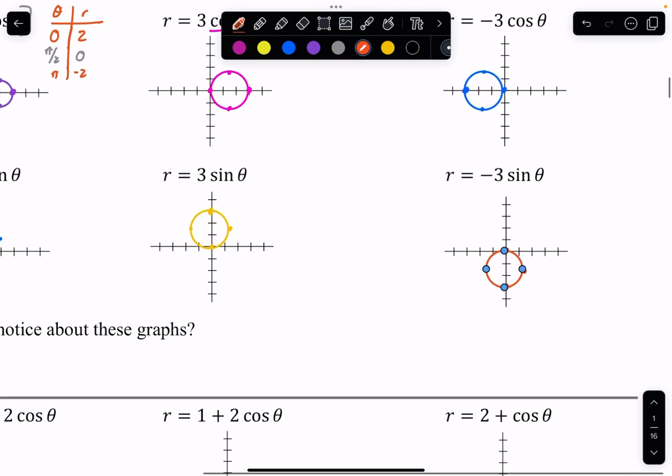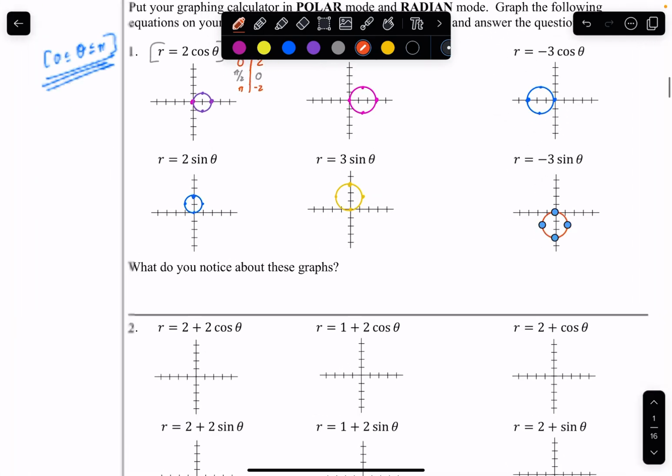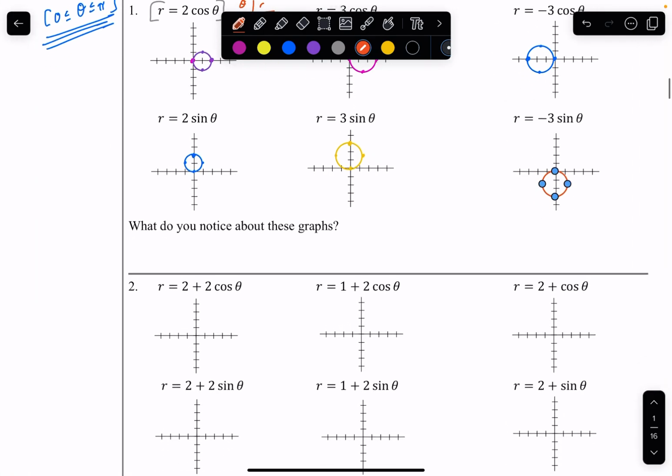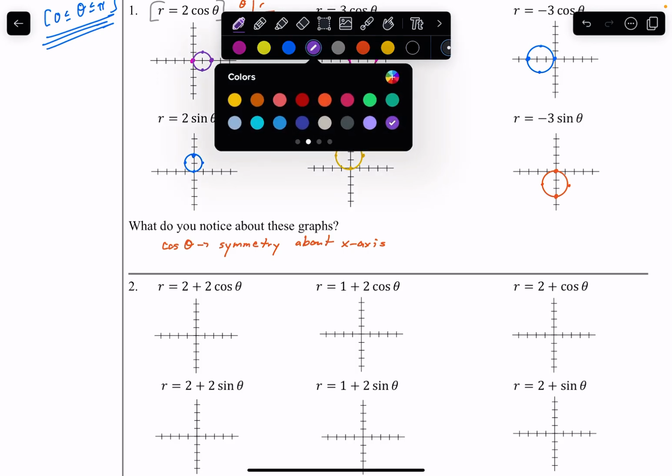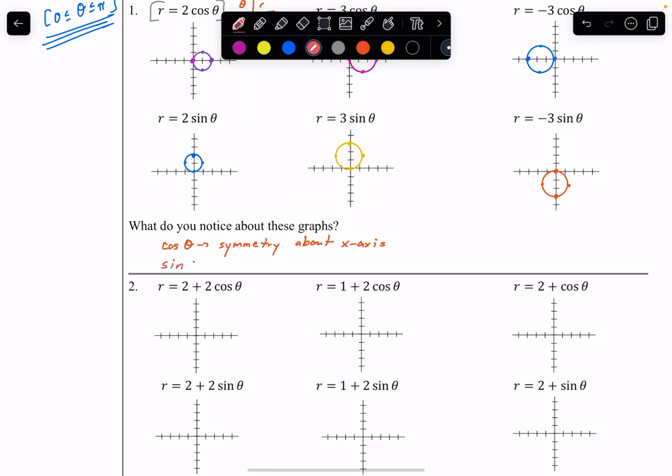Now there's a couple of things to point out. So number one, I want to make sure you know that there's always symmetry with cosine. Cosine theta, let me be more clear. So cosine theta has symmetry about the x-axis. And then, of course, sine theta is going to have symmetry about the y-axis.